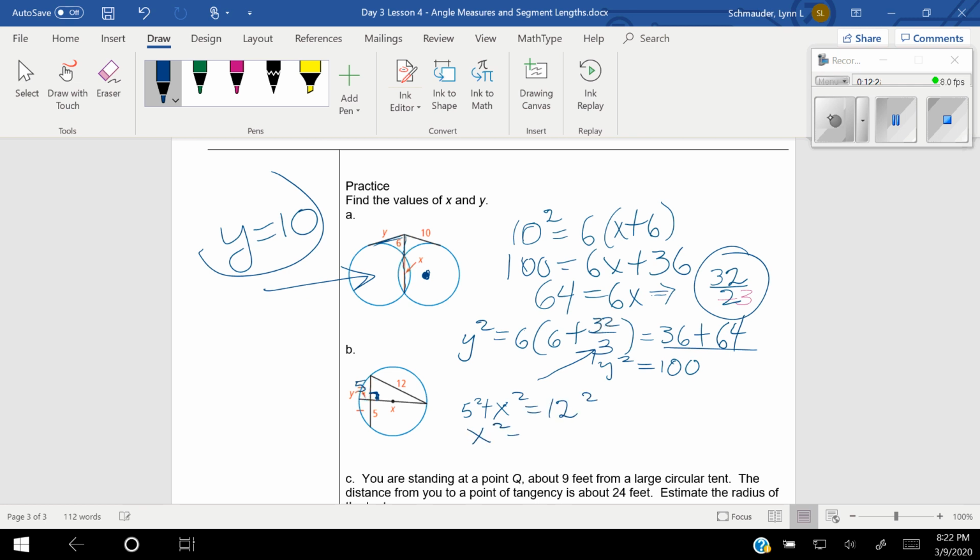So x squared equals 144 minus 25, which is 119. So it looks like x is the square root of 119.